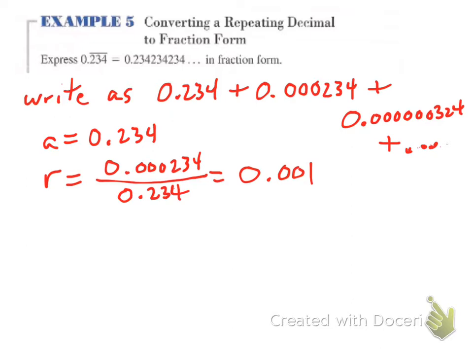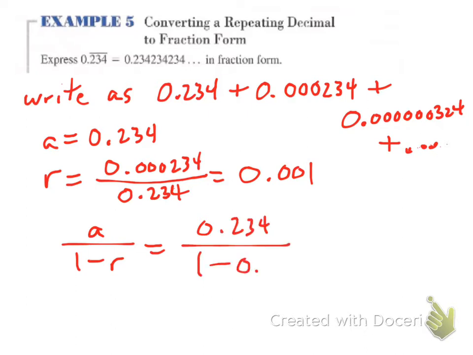It says to put it in fraction form. Since 0.001 is less than 1, I can use the formula A over 1 minus R. So A is 0.234, the first term, over 1 minus 0.001.